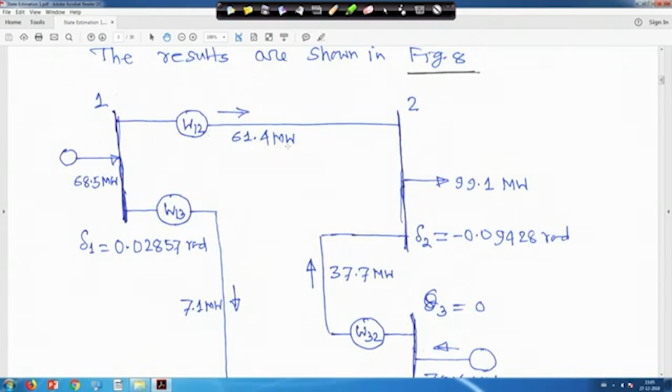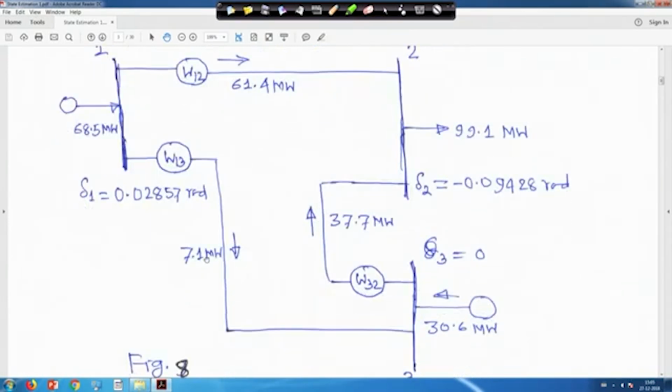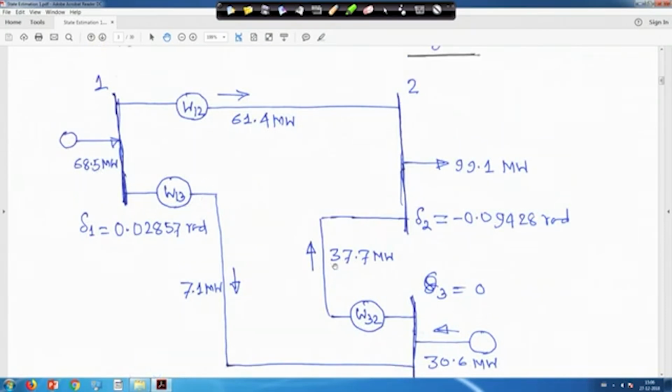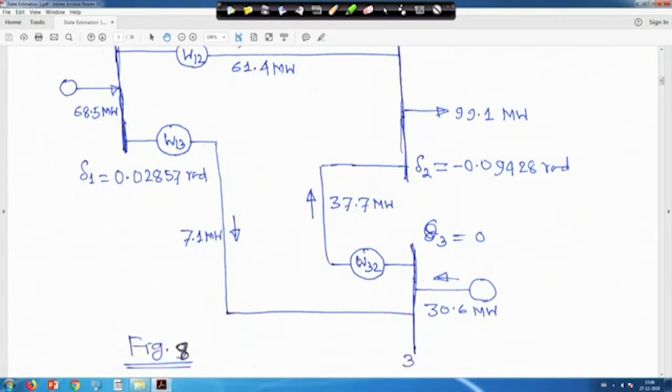Delta 1 estimated is 0.02857 radian. The power flow on line 1 to 3 is 7.1 megawatt, and from 2 to 3 it is 37.7 megawatt. The power injection here is 30.6 megawatt, and 30.6 plus 7.1 gives a total of 37.7 megawatt.